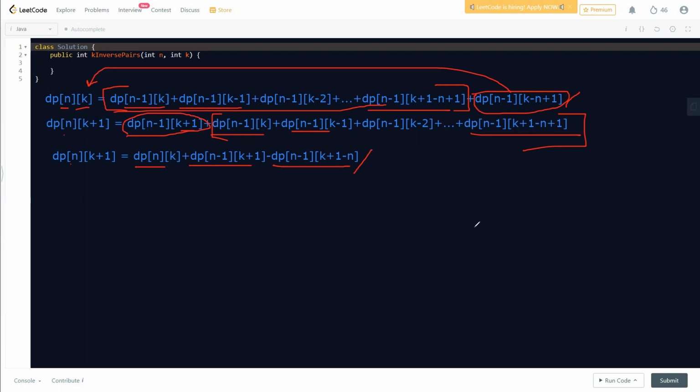So if we're given k equal to 3 and n equal to 3, we can easily find out that for n equal to 3 and k equal to 0, whatever the n value be, for a particular n value, k equal to 0 is always known to us. That answer is 1.